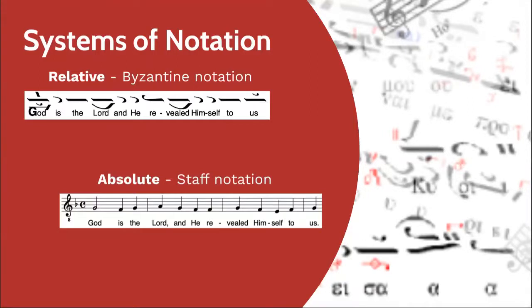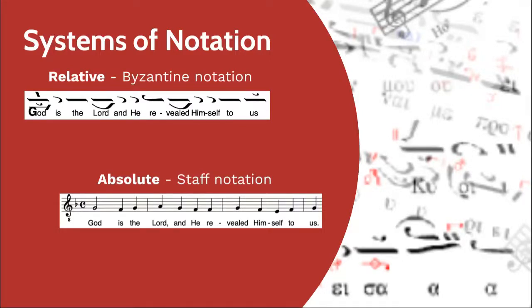It's important to point out that Byzantine notation is a relative system, which is to say, Byzantine notation works by reading a note through its relation to the note before it. In comparison, in the staff notation system, each note on the staff can independently give the absolute pitch, meaning we could point to any note on the staff notation score and know what pitch it is.